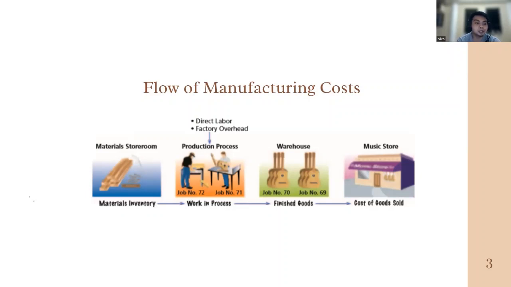After that, their work is finished. So job number 69 and job 70 are in the finished goods inventory. After that, we sell the guitars to music stores, and their cost becomes part of the cost of goods sold.